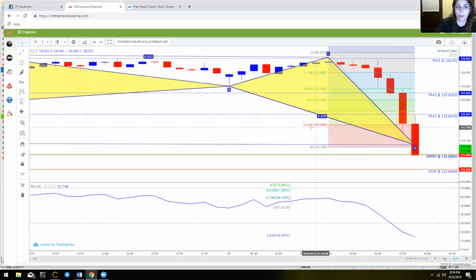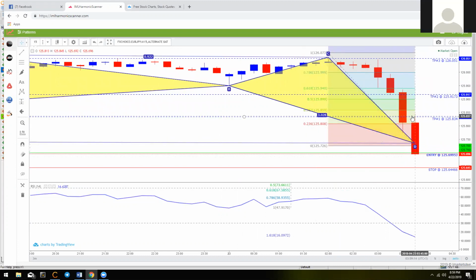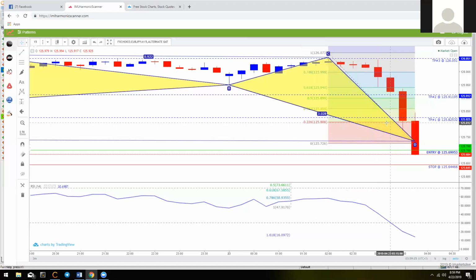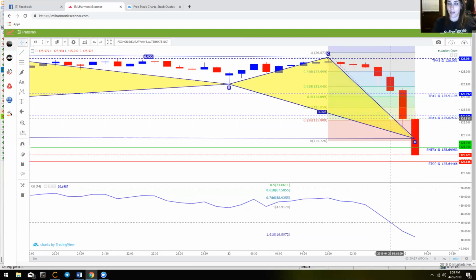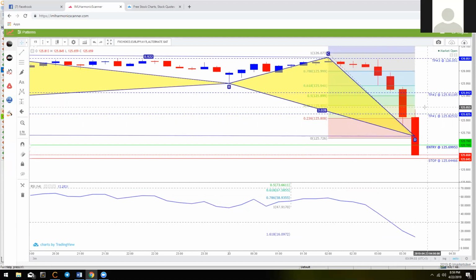The 23.6% is right here. So once price comes up, I would put a buy stop at that 23.6%, which is the 125,808, which looks like it already activated if I would have already been in it. And I would take profit at the 38, and the 38 is right here.